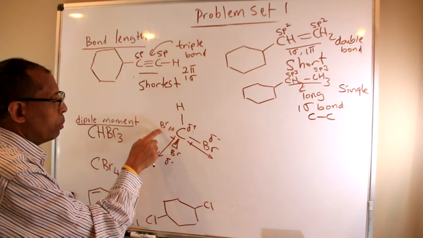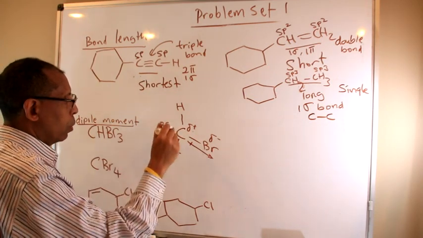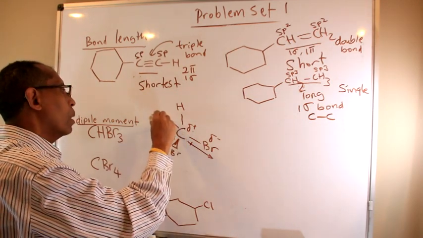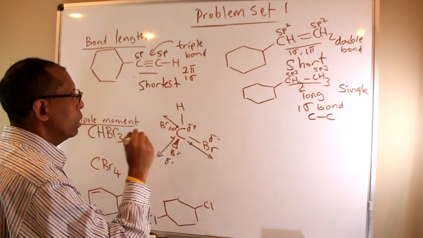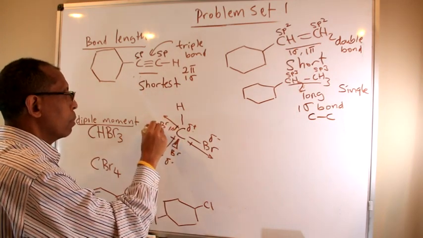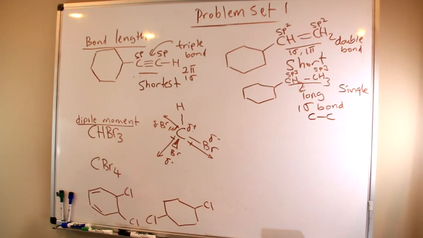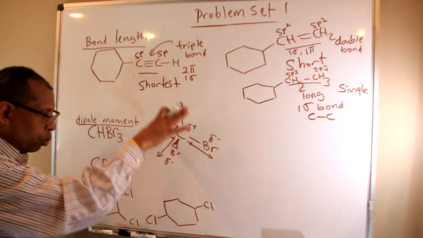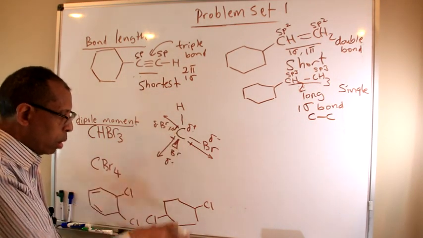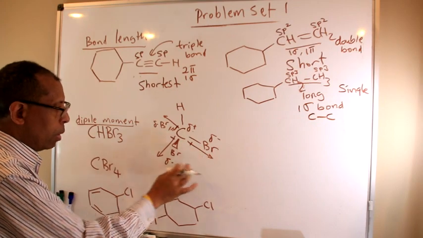And here the Br is also pointing towards Br, the dipole moment, this is delta negative. So if you just look at here, there are 2 downward pulls by the vector sum.